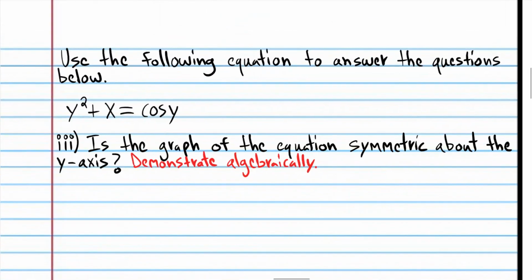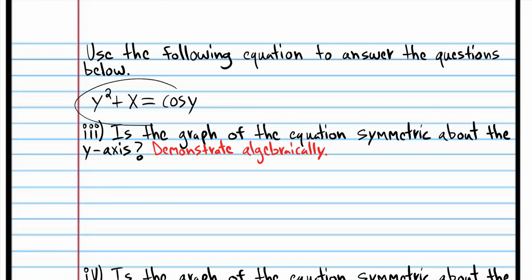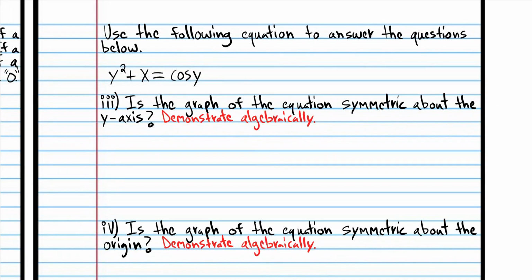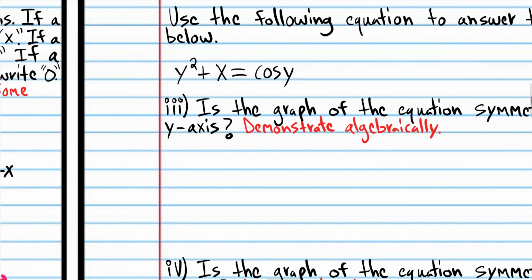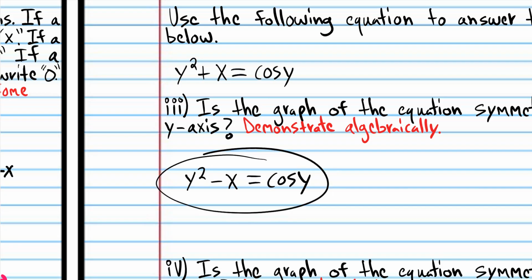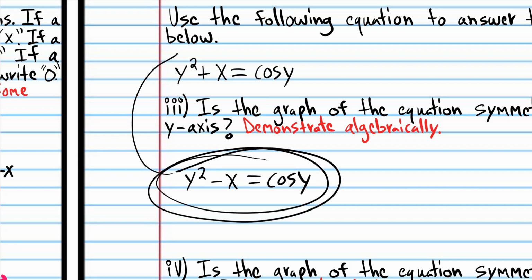Okay, we're back. So we're using this equation for parts 3 and 4. It wants to know if the graph of this equation is symmetric about the y-axis. To figure that out, we switch x to negative x in our equation, and then we ask ourselves, after simplifying this equation, if we could simplify it, does it look exactly the same as the original?